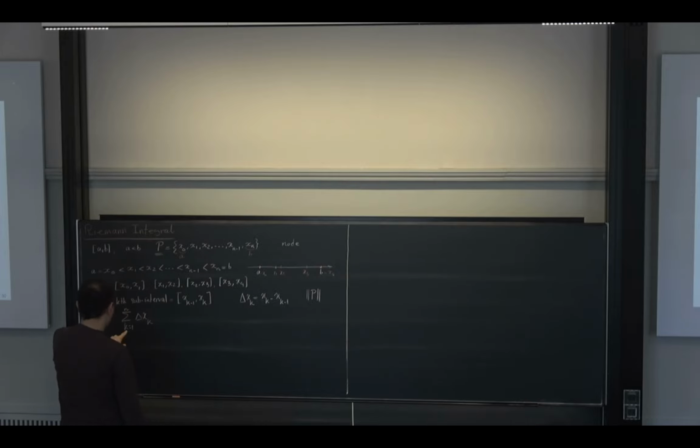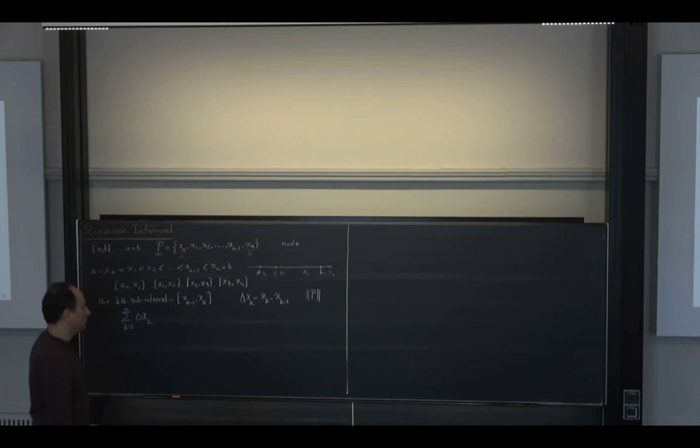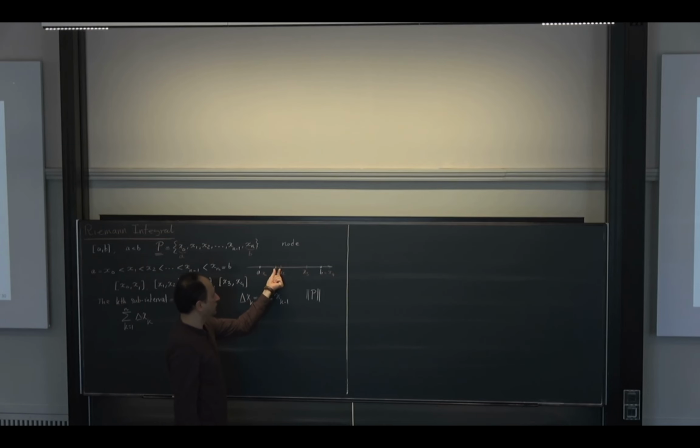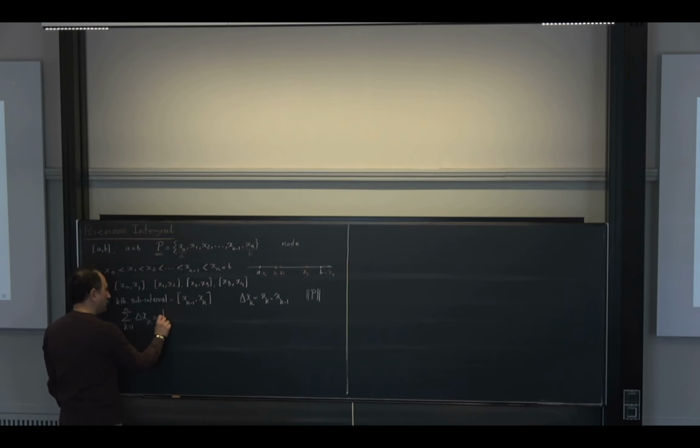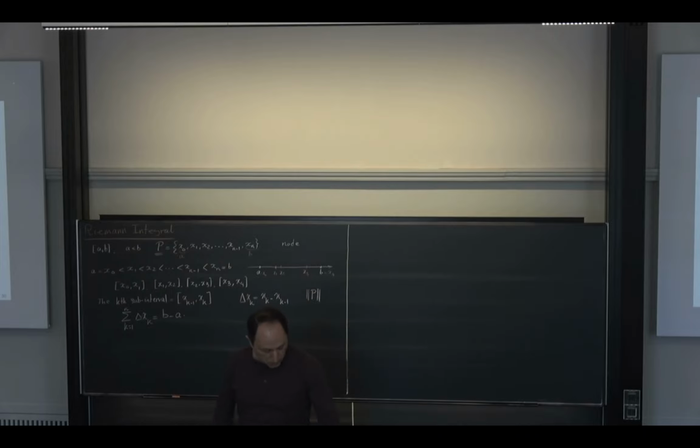So if I add them, it means that I am adding the length of each one of these subintervals. What will happen? The length of this one plus the length of this one plus the length of this one plus the length of this one becomes the total length of my interval. So this becomes simply b minus a. Is that right? Okay. So these are the terminologies that you need to know when it comes to a partition.